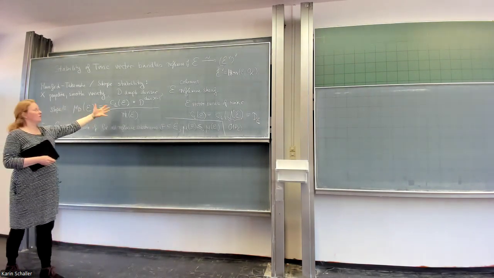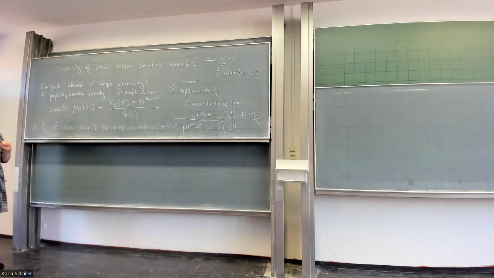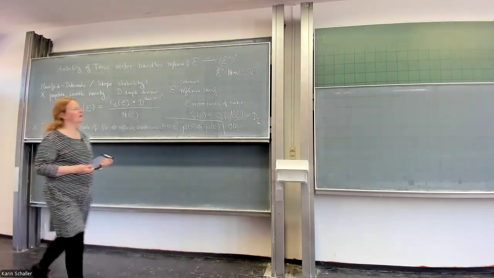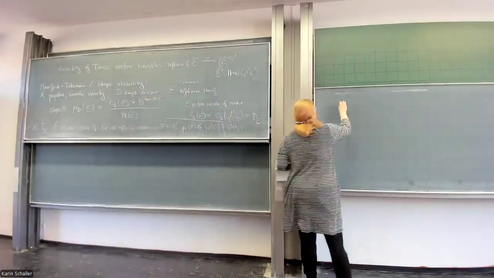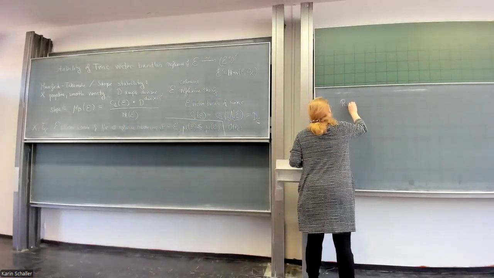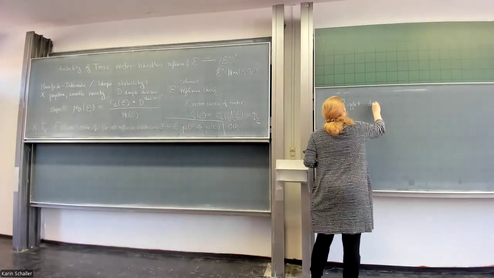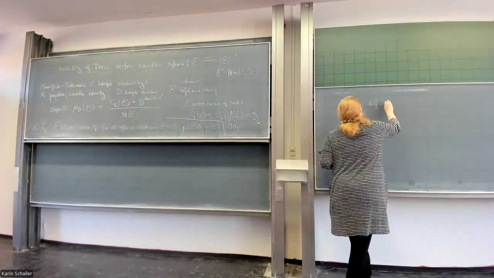This is where it comes from: you want to build moduli spaces of vector bundles, and that is the good definition to do that. But yeah, we're not going to do moduli spaces today.